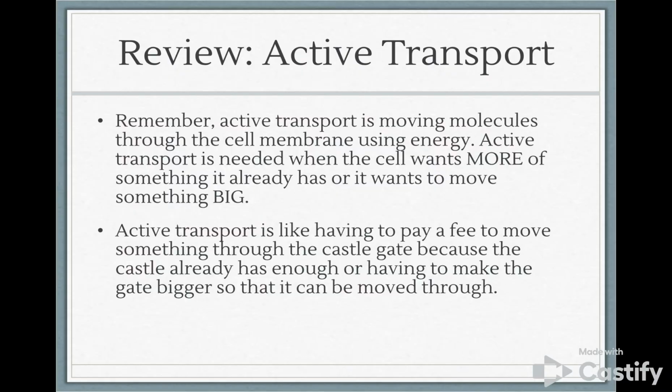If I want to move something that's a little bit too big, or I want more of something, then I might have to pay a fee to that gatekeeper, who says, we already have enough of that here, we don't need any more. And you're like, but I want it in there. So you have to pay him a fine or a fee to get it in. Or maybe that thing you have is so big that you have to break down part of the gate or even catapult the object over the gate. That would be like endo or exocytosis to get that really big thing in or out, and that's going to require a lot of energy.